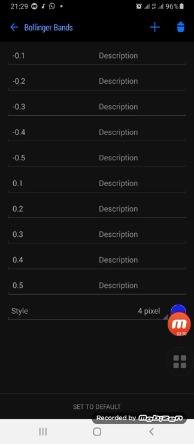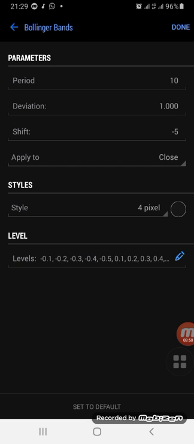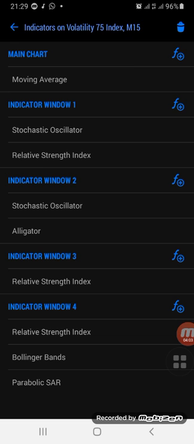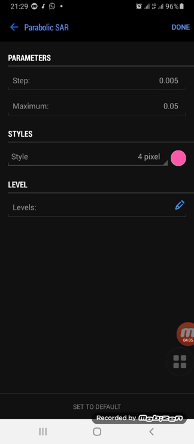Then the levels are -0.1, -0.2, -0.3, -0.4, -0.5, then 0.1, 0.2, 0.3, 0.4, 0.5. Those are just the levels that you need to put in there. You can take a screenshot and set it up later. After that you click on done, and the last one is the parabolic SAR.